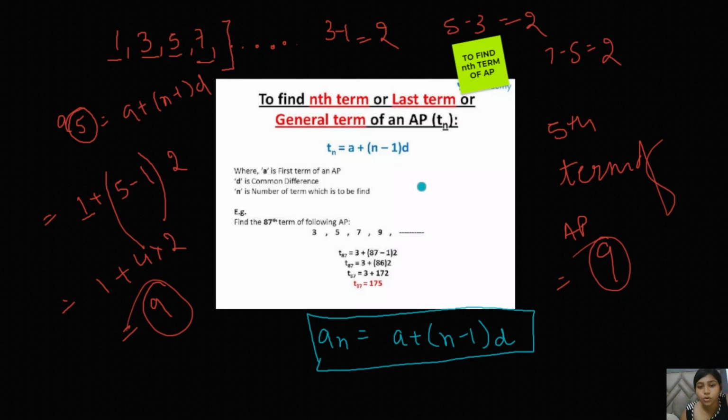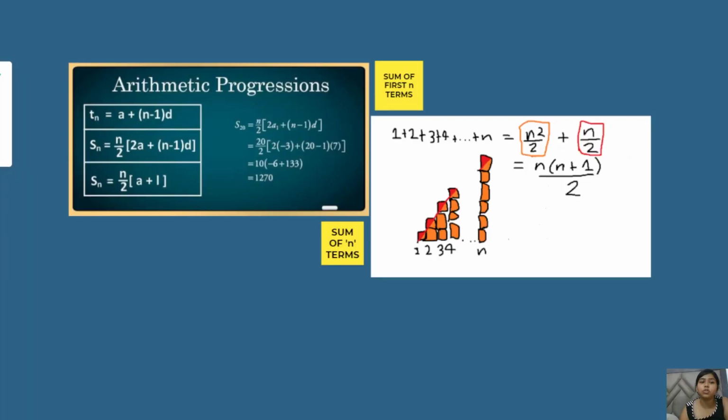In short, A5 can be written as A plus 4D. A6 is A plus 5D, and A11 is A plus 10D. I hope this is clear, that this is the formula for AN and how we can find it. This chapter is purely based on formulas, just formulas.